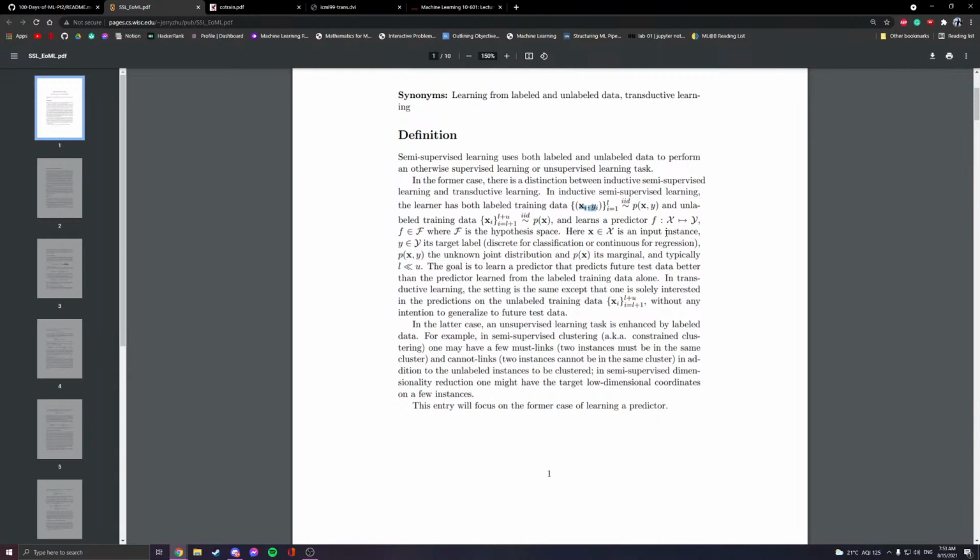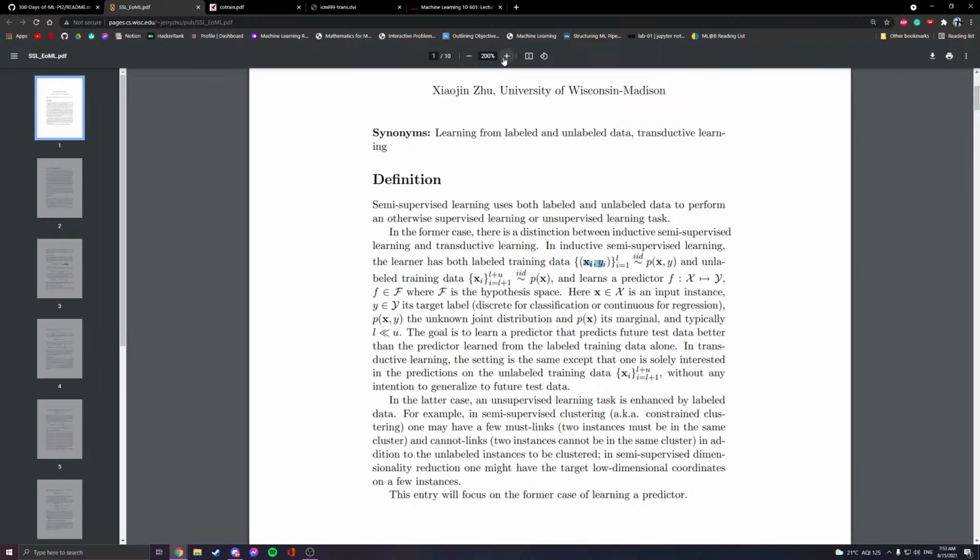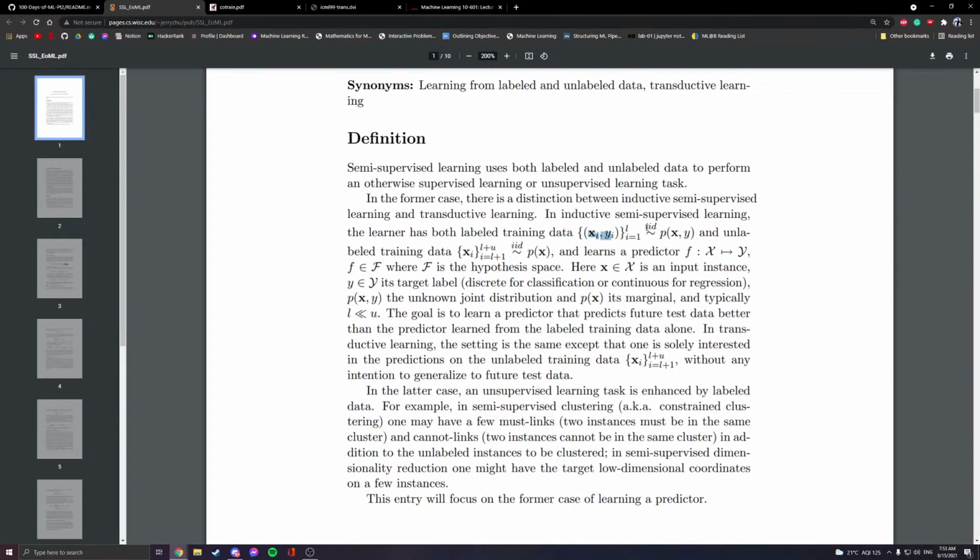So where Y represents the label, X is the independent variable. And here x of i is just the production of some function of x, the predictor. Where f is a function, f is a subset of capital F, where this is the hypothesis space.